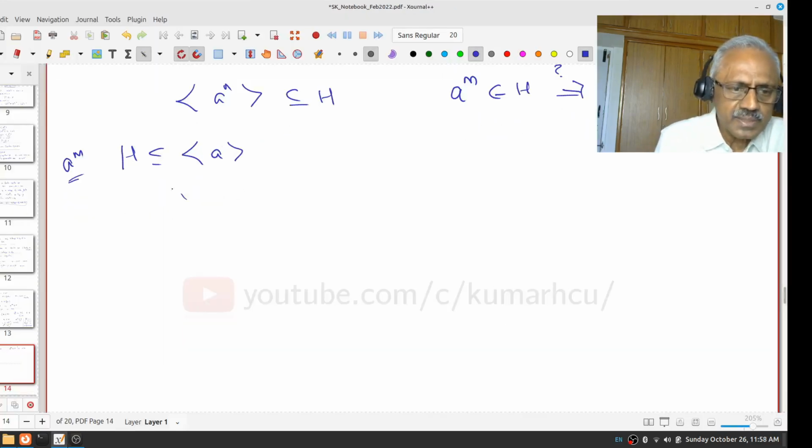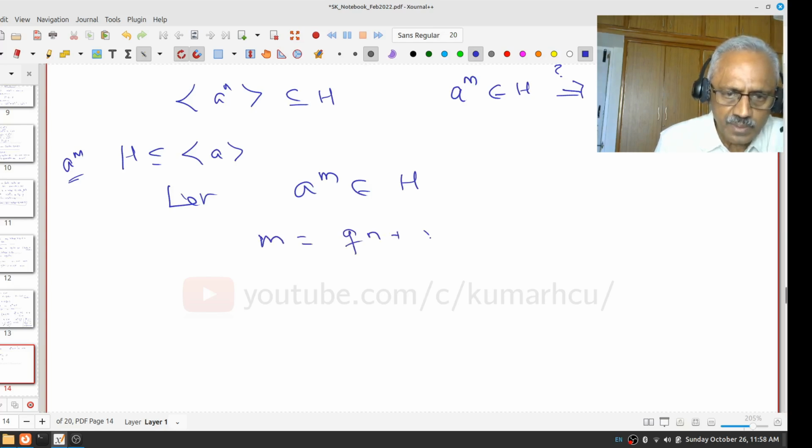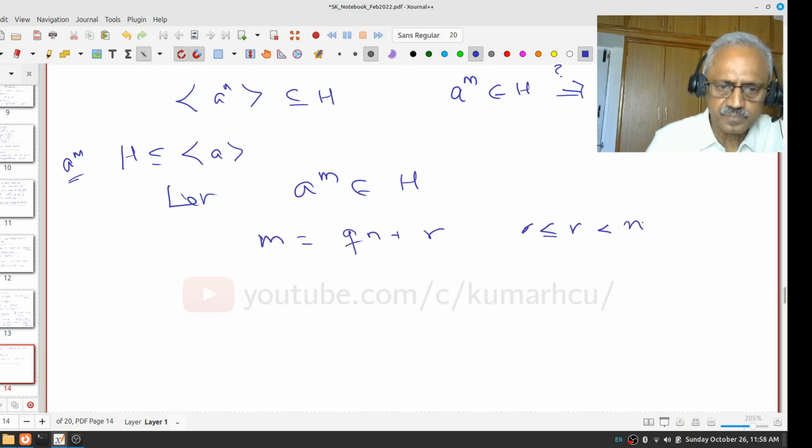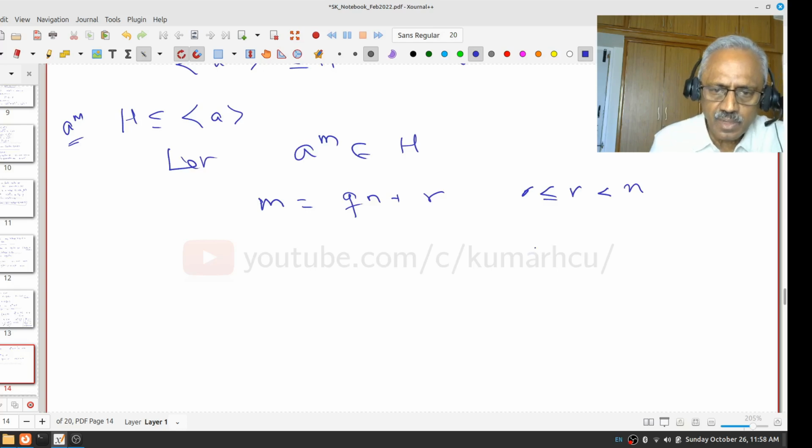So let a to the power m belong to H. By the division algorithm, I can write m equals q times n plus r, with 0 less than or equal to r less than n. So we want to claim r is 0.